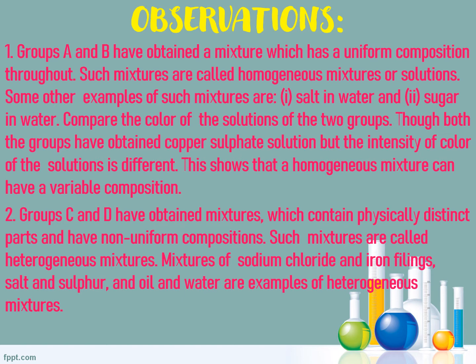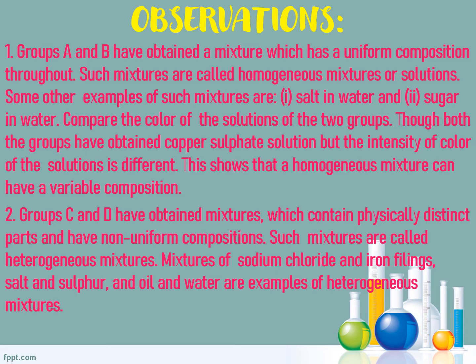So this is the observation for group A and group B. Now groups C and D have obtained mixtures which contain physically distinct parts and have a non-uniform composition. Such mixtures are called heterogeneous mixtures. Mixtures of sodium chloride and iron filings, salt and sulfur, and oil and water are all examples of heterogeneous mixtures.